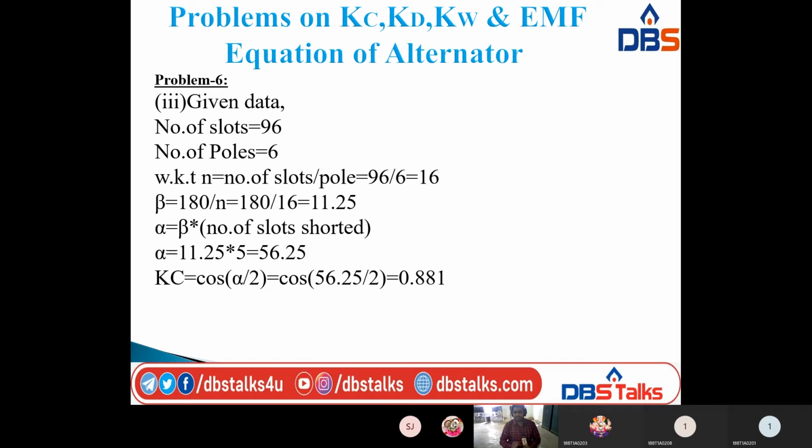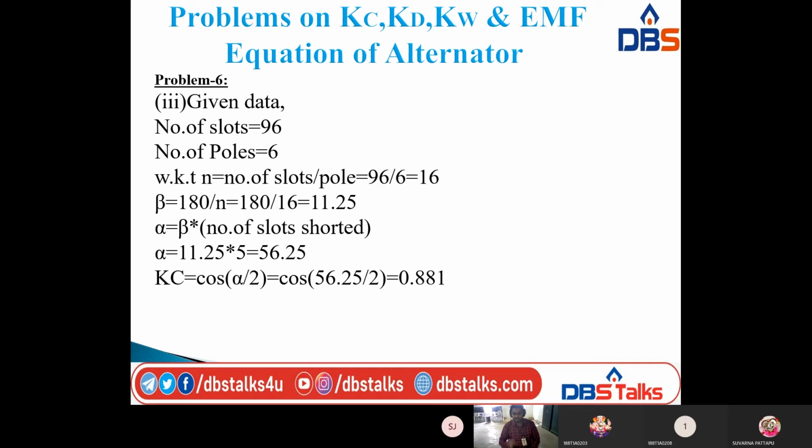They given the coil span is 1 to 12, so 12 minus 1, we have 11. Here we have the pole pitch value 16. So subtract 16 minus 11, we have the 5.